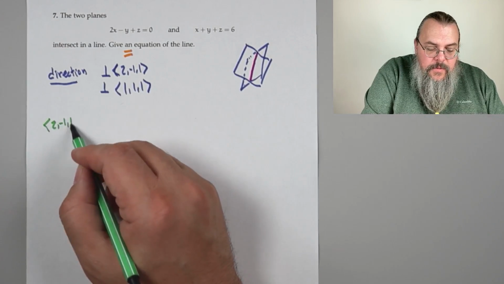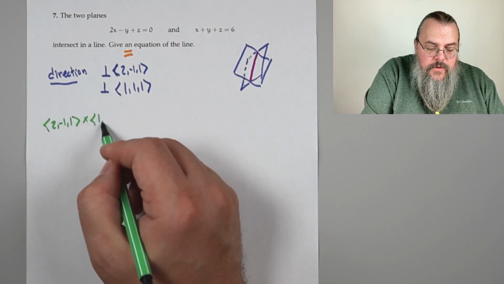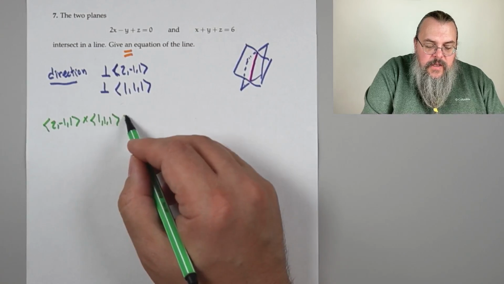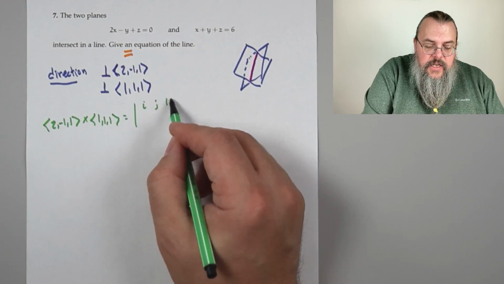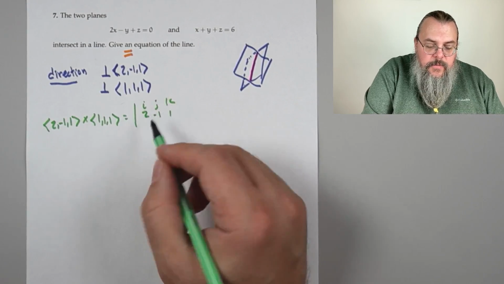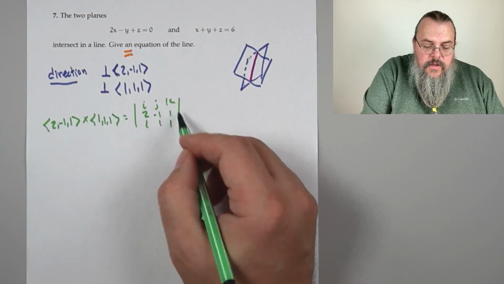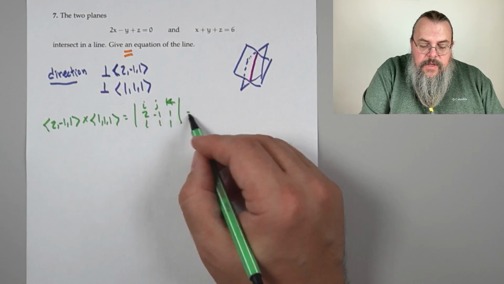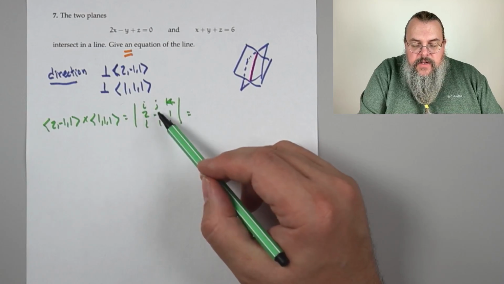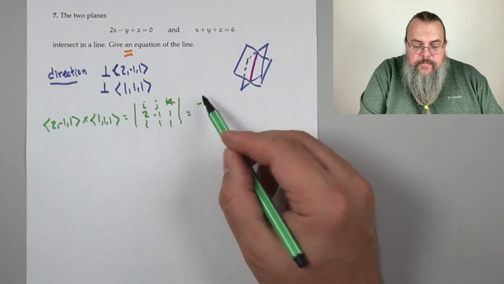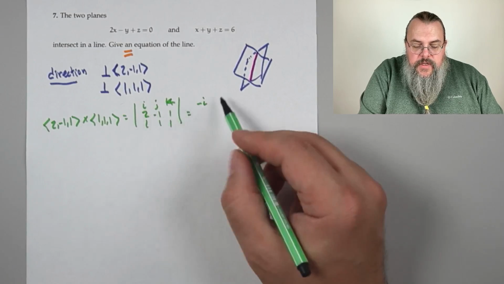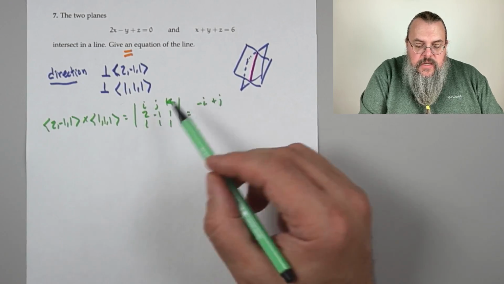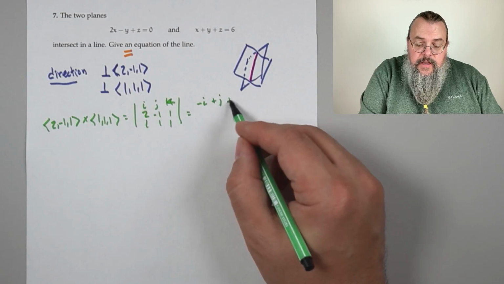So here we go. 2, minus 1, 1, cross 1, 1, 1. We have our i, j, k, 2, minus 1, 1, 1, 1, 1. And what do we have? We have i times minus 1 times 1, that's minus i. j times 1 times 1 is plus j. k times 2 times 1 is 2k.